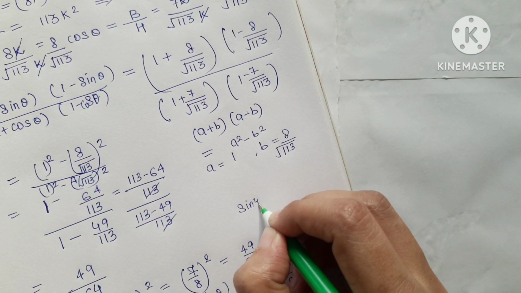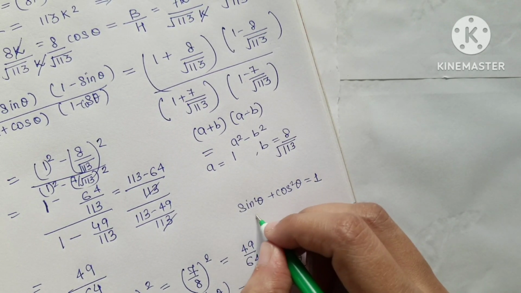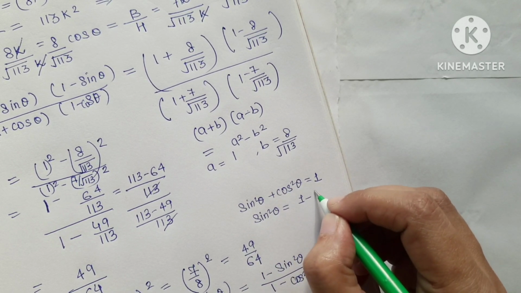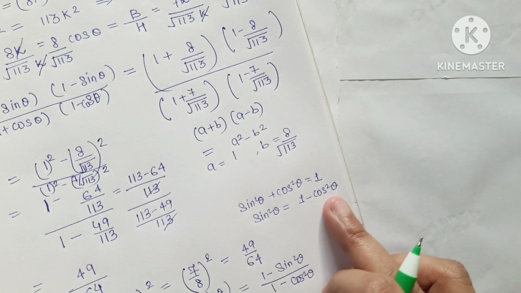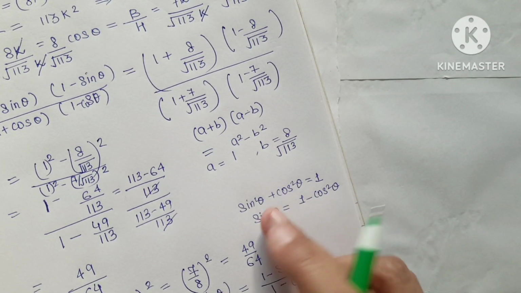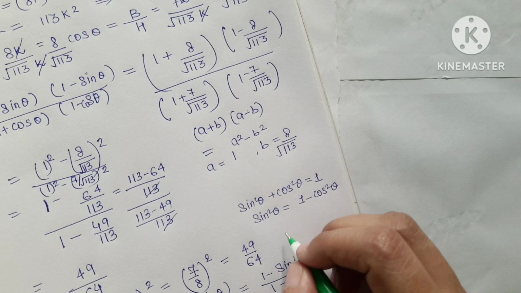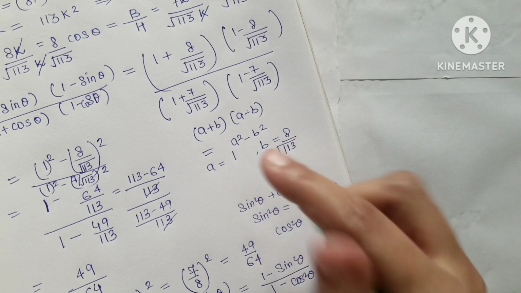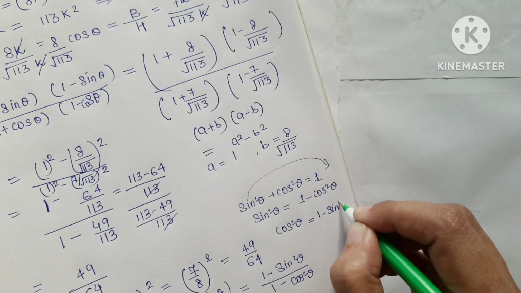Now you know the identity, which is sine square theta plus cos square theta is equal to 1. If you just shift cos square theta to the right hand side, you will get 1 minus cos square theta, and its value is sine square theta. Similarly, if you shift sine square theta to the right hand side, cos square theta will be here, so it will be 1 minus sine square theta.